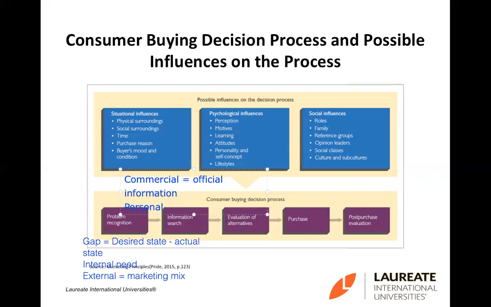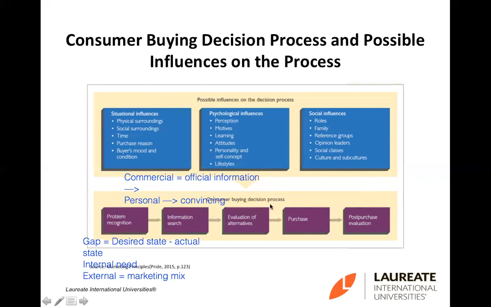The commercial information basically helps the customers to get the official information, and without that, the customers will find it hard to do some research about the product that they want to purchase. The personal source of information, though, is more convincing. You can imagine that if you want to buy a car and your friends recommend you another brand, then you really think about it.